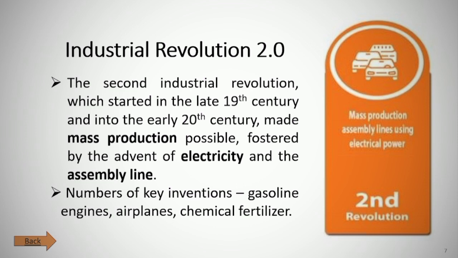And because of the help of the discovery of electricity, the changes in the economy sped up. And one of those powered by electricity that boosted production is the assembly line.